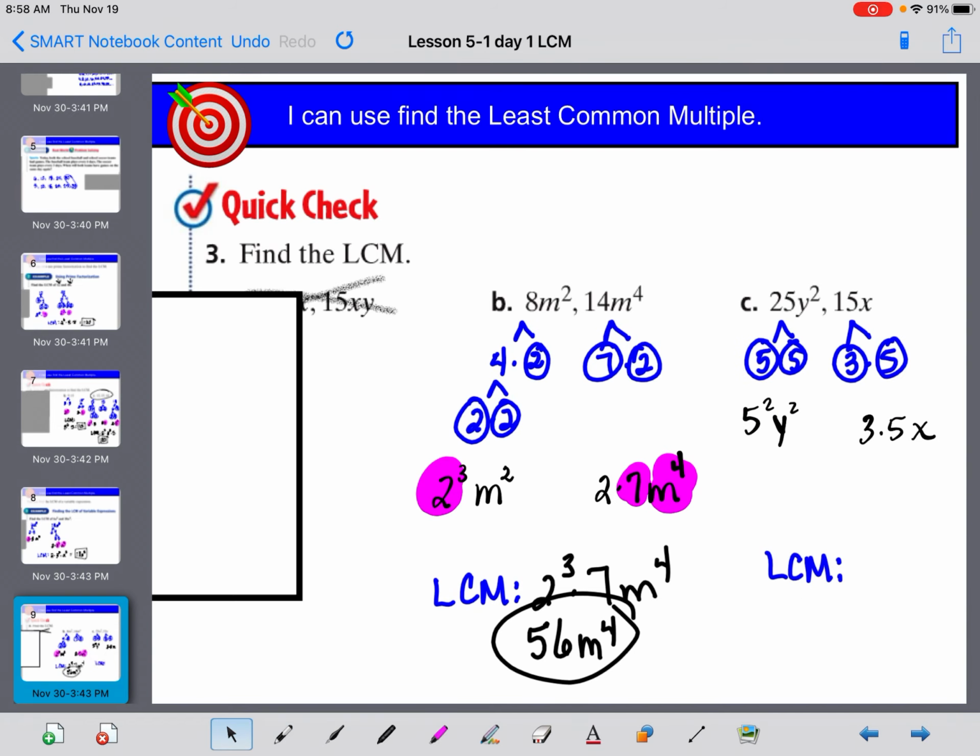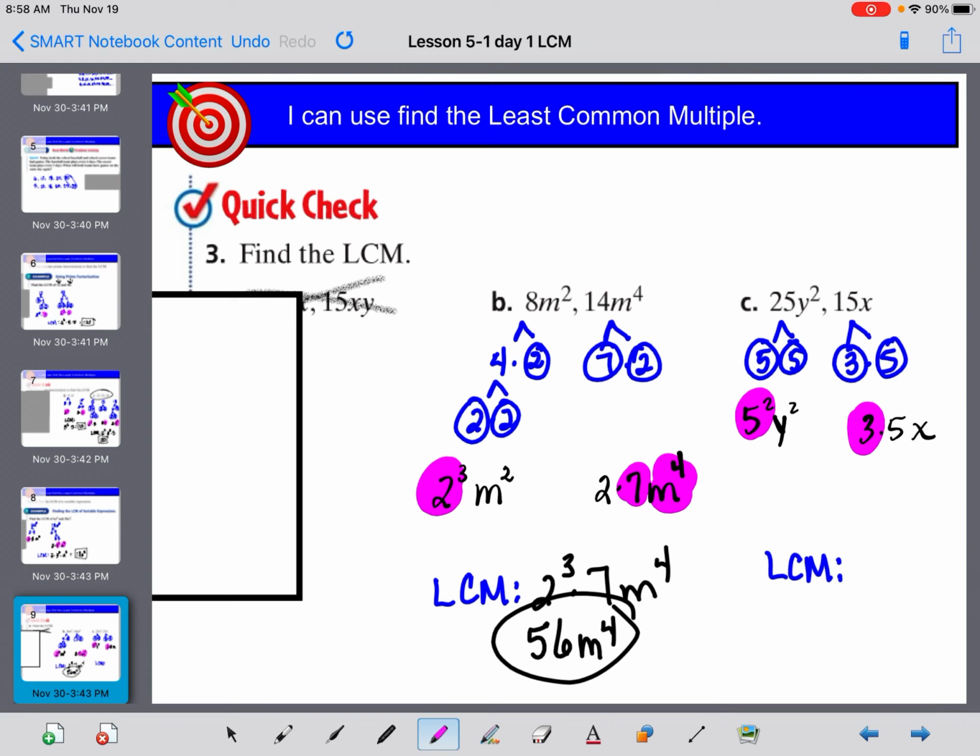The last one, 5 squared y squared is the same as 25y squared. 3 times 5x is the same as 15x. When I look at the largest factor with each base, I've got 5 squared and 5. 5 squared is the largest. I've got 3 and no other 3, so 3 to the first is largest.